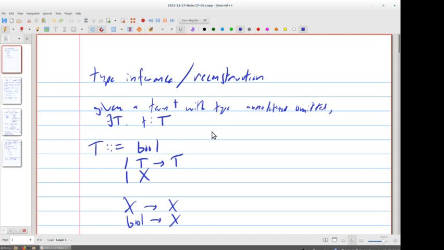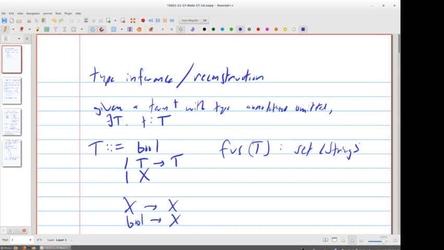There are a couple of new ideas here. Once you have variables in types, there's the question of what the variables of a type are, or the free variables, which I could write as FV. Given some type t, the free variables of t will be a set of strings: all the variables that appear in the type.